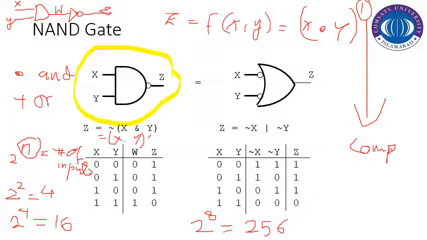So W is equal to X dot Y, and Z is equal to (X dot Y) prime.